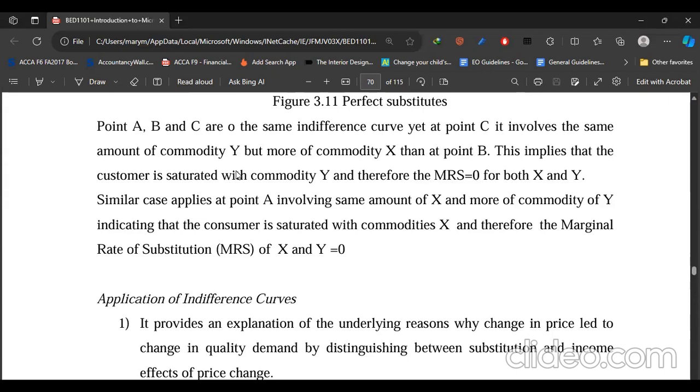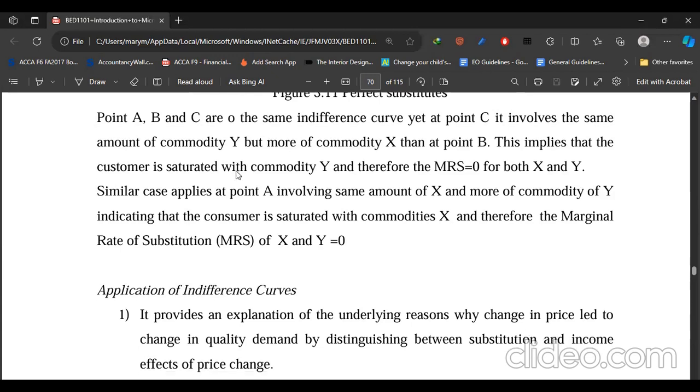At point A, it involves the same amount of X and more of commodity Y, which indicates that the consumer will be saturated with more of X than what is supposed to be on Y. And this indicates that as much as we continue consuming these substitute products, we might be getting the same level of satisfaction.